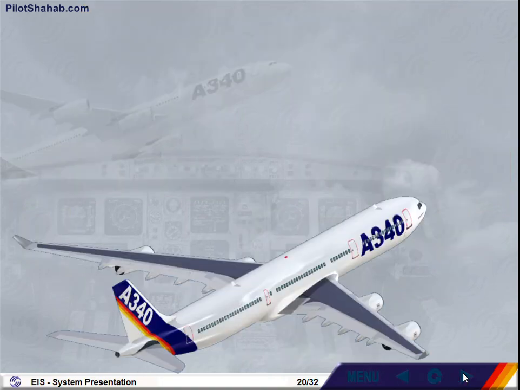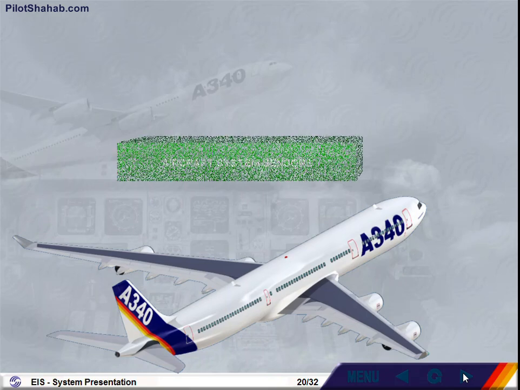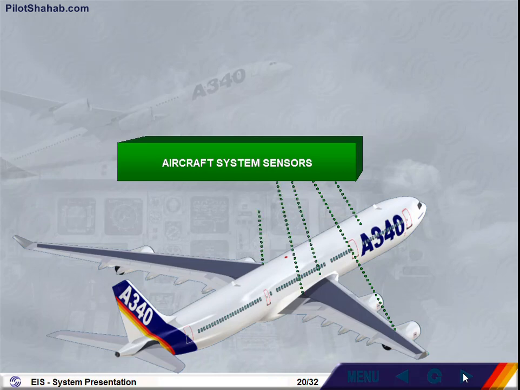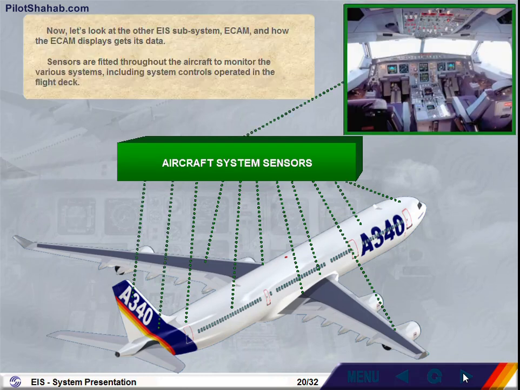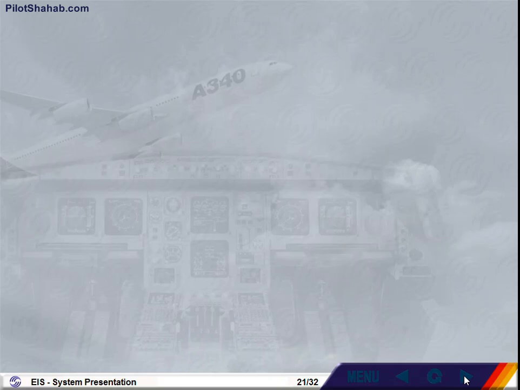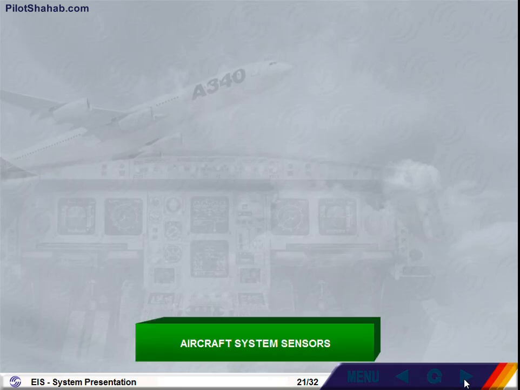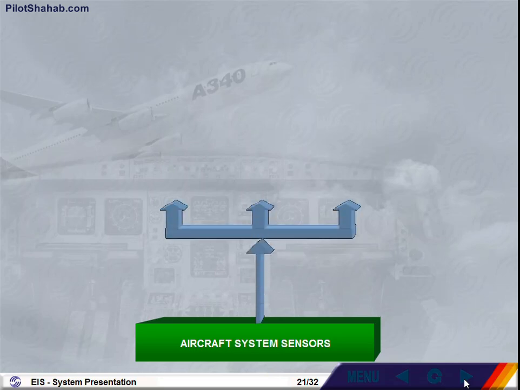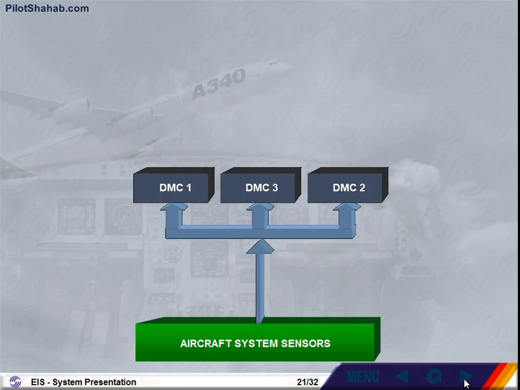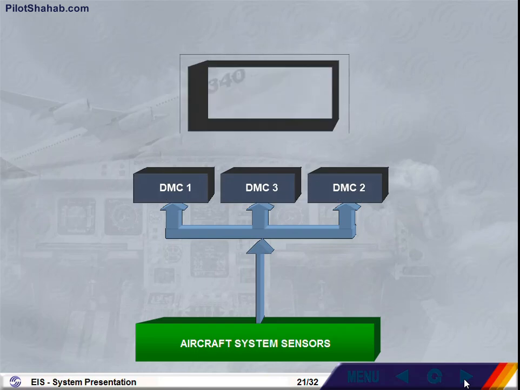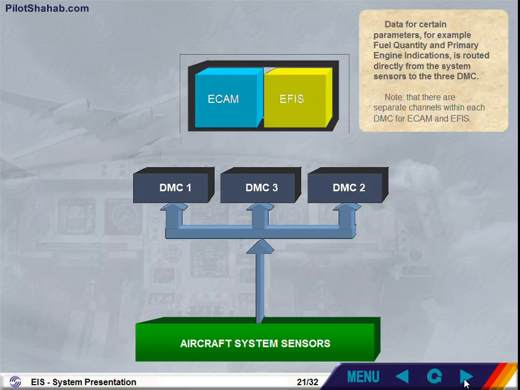Now let's look at the other EIS subsystem, ECAM, and how the ECAM display gets its data. Sensors are fitted throughout the aircraft to monitor various systems, including system controls operated in the flight deck. Data for certain parameters, for example fuel quantity and primary engine indications, is routed directly from the system sensors to the 3 DMCs. Note that there are separate channels within each DMC for ECAM and EIS.